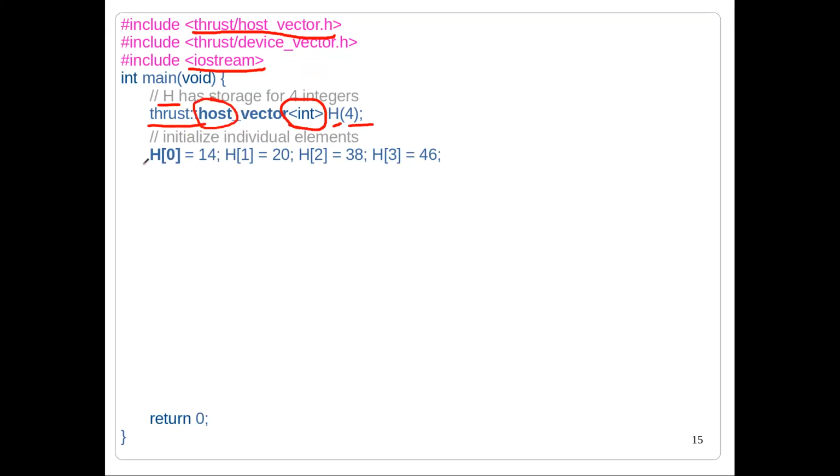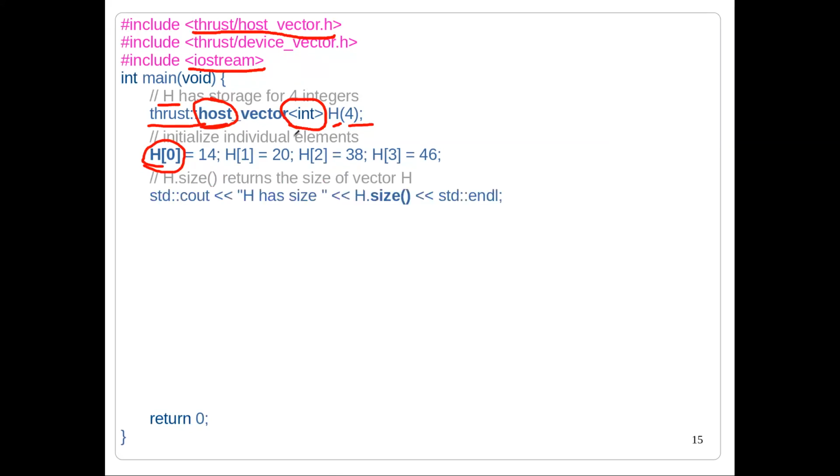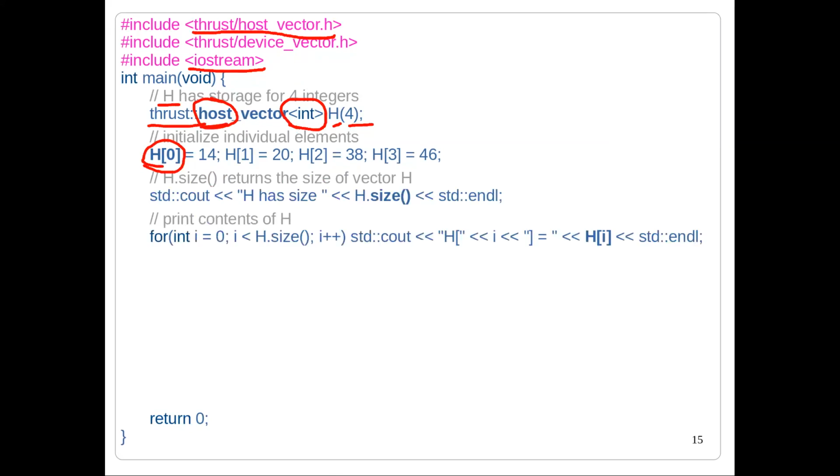So all of this, h[0] equal to 14, will happen actually on the GPU if you have this as device_vector. So you can do it in a similar manner. h.size() returns the current size, so this gets printed, that is going to be of size 4. And I can also print the content: I can run a loop from 0 to h.size()-1, and print h[i]. All of this works perfectly fine on the CPU anyway.